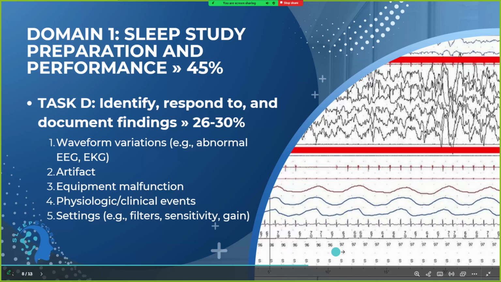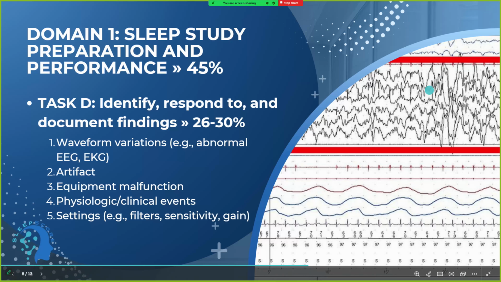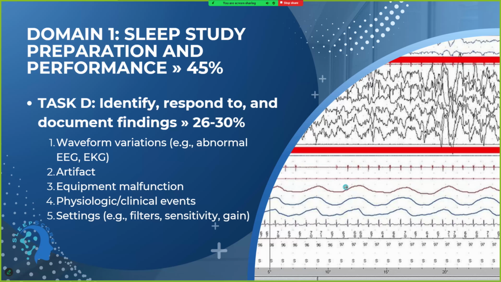You can see here 96, 97, and the next one is position, supine position. So this is all graphical pattern identification, and there's nothing like words or pictures. This is all graphics, the waves, and from the waves you have to understand what kind of sleep study this is, what kind of stages, and everything. So here number one is waveform.